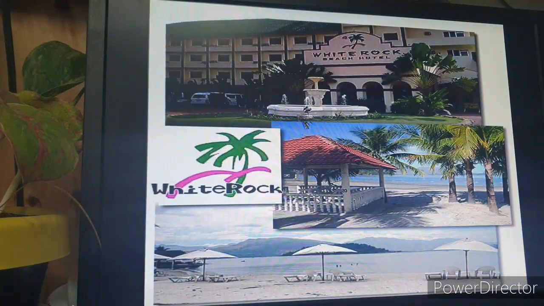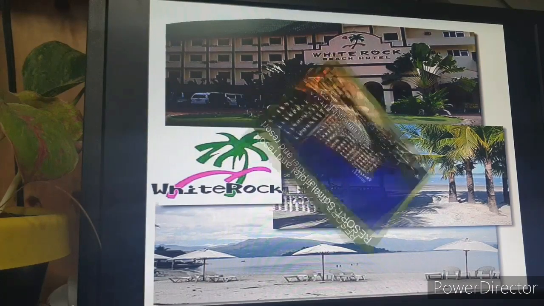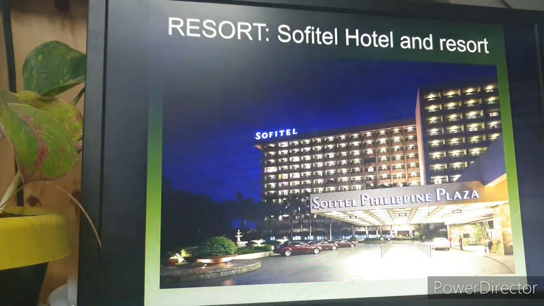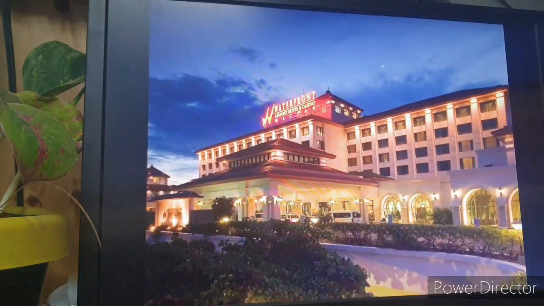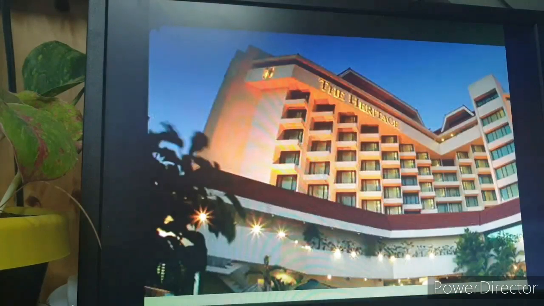Of course, we have White Rock Beach Hotel, Sofitel Hotel and Resort. That's considered as a resort, the Sofitel. Of course, the one that we identified a while back, the Waterfront Airport Hotel and Casino, the Heritage.